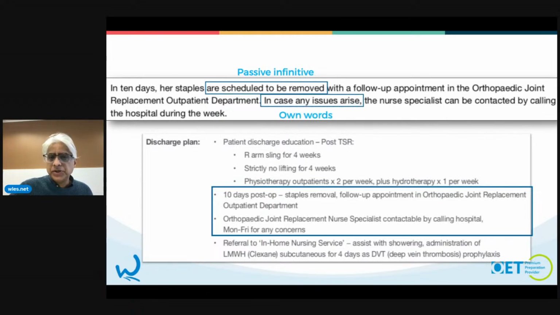Also here, using your own words, so you're not just copying case notes. Be careful of just copying case notes. Sometimes you might need to, but it doesn't really show the examiners your language because anyone can copy. So it's nice, as well as using synonyms, to really use your own words as well. We got a modal passive here as well, another nice structure to use.